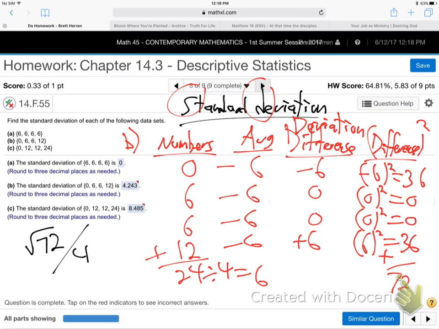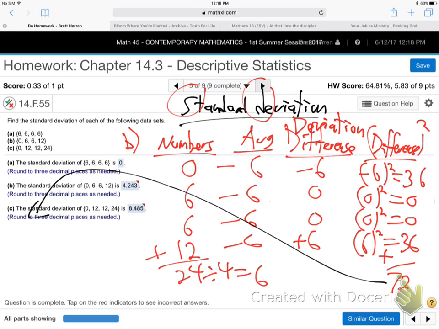Let me write a few more words here to be more helpful to you. Does everybody see what we did? We squared those numbers, got the total, took the square root. The standard deviation equals the square root of the total divided by n.